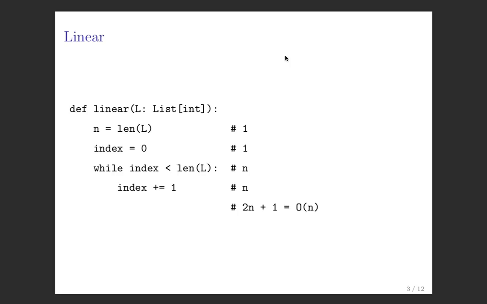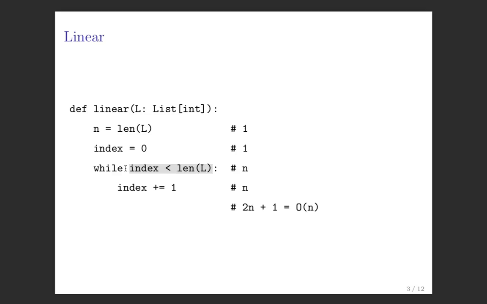So let's ask ourselves how many operations are done at each line of this algorithm. Well, let's say to set a variable costs 1. We've done one thing, we set a variable. We set another variable that costs 1 again. This while loop is actually doing work, right? At every iteration of this while loop, it has to make this comparison. So how many comparisons are we going to do if we walk the list of length n? Well, we're going to do n many comparisons.